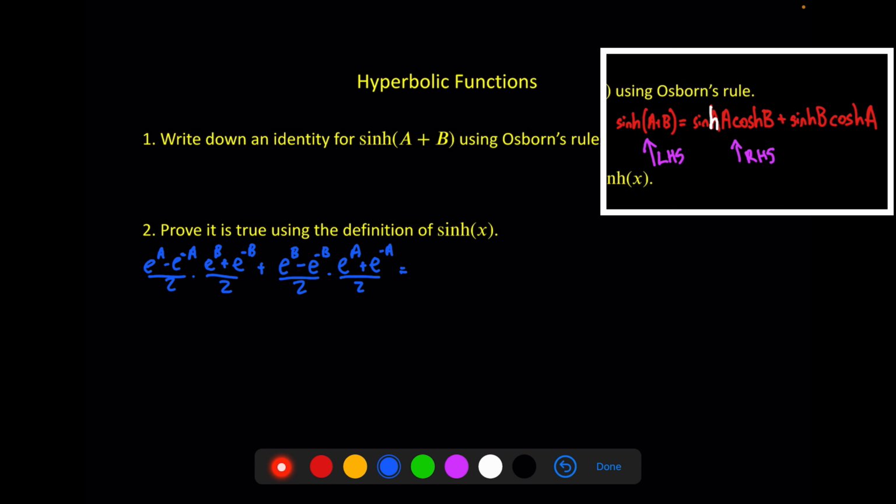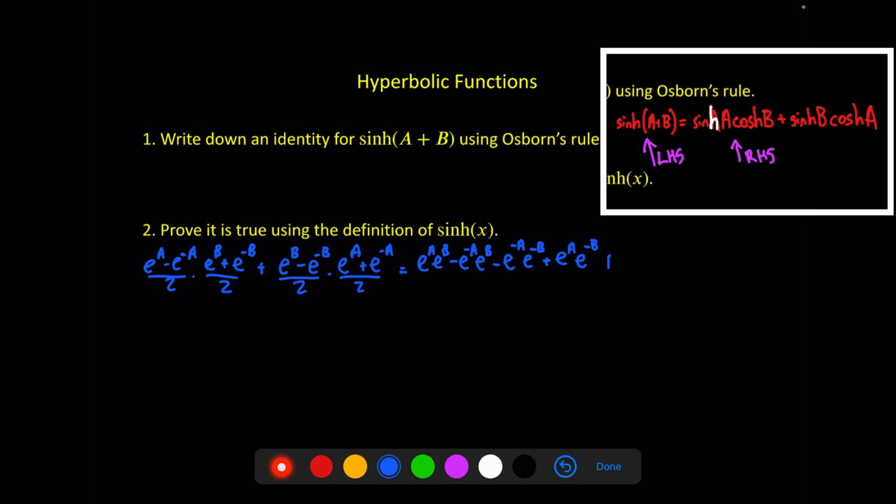So the first term, if we multiply all of that out, we get e to the A e to the B, minus e to the minus A e to the B, minus e to the minus A e to the minus B, and then we finally get plus e to the A e to the minus B. And you can see we've got all the different combinations there.